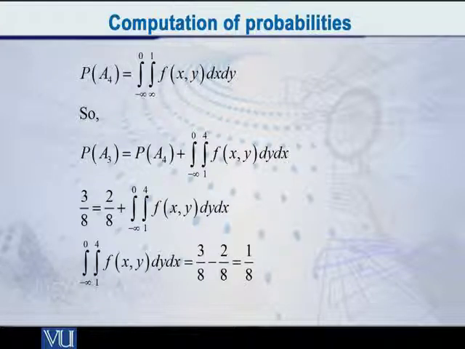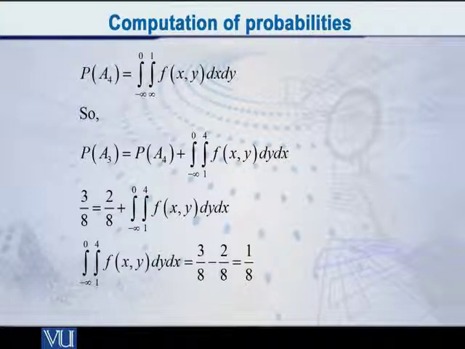We can say that probability of A1 is equal to probability of A3 plus the integral from 0 to 2 as far as x is concerned, and from minus infinity to 4 as far as y is concerned. और फिर अगर नंबर उनकी जो वैल्यूज हैं वो वहाँ पे पुट कर दें तो 7 by 8 is equal to 3 by 8 plus this integral. उसको सब्ट्रैक्ट कर लें तो आपको वो उसकी वैल्यू मिल जाएगी.